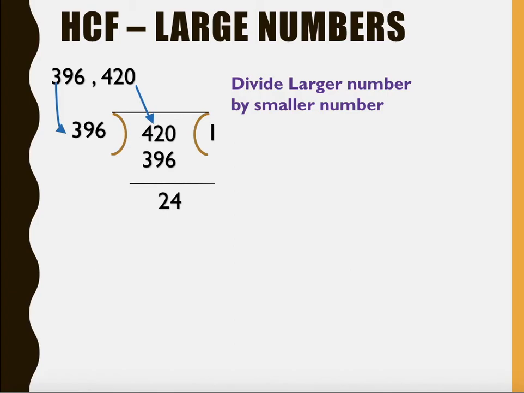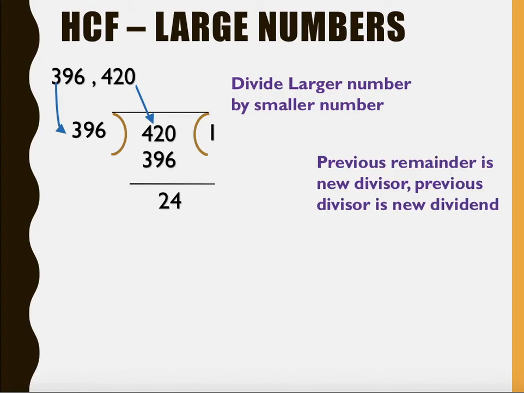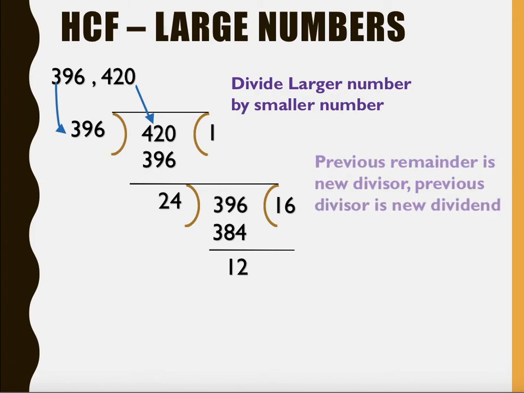So what next? I have to take this remainder, that is my new divisor, and the previous divisor is my new dividend. So I have 24 and 396, which is my previous divisor, is my new dividend. It goes 16 times. We have 384 and the remainder is 12. Now what do I do next with this? I repeat the same step as listed here.